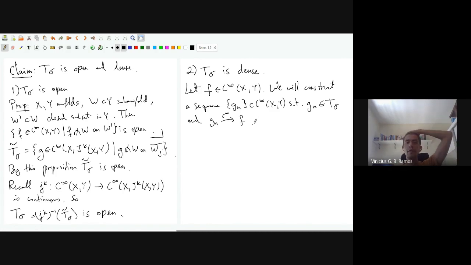Well, what we're going to do is perturb the function f by polynomials. So if f was a function from Rn to Rm, then without looking at manifolds or anything, we could just perturb f by polynomials.